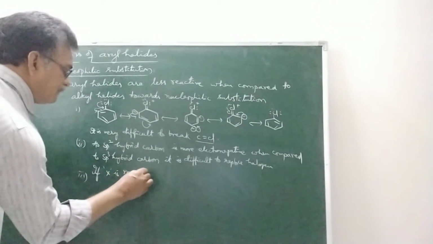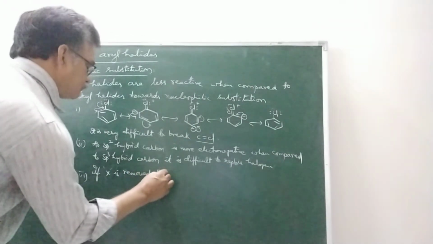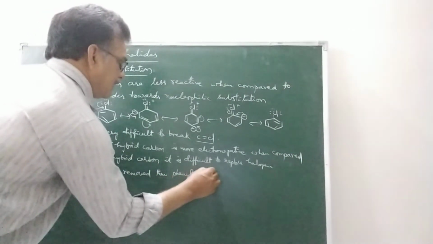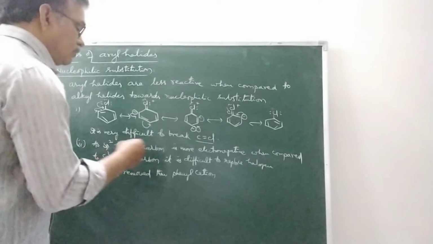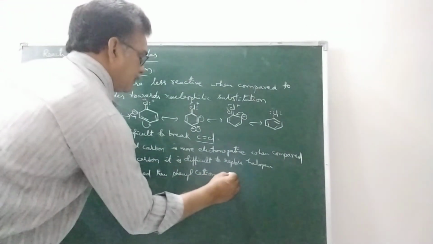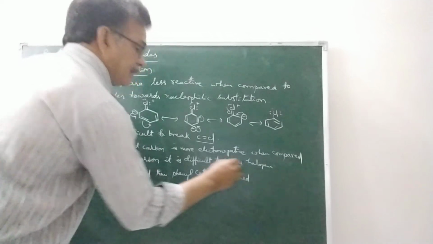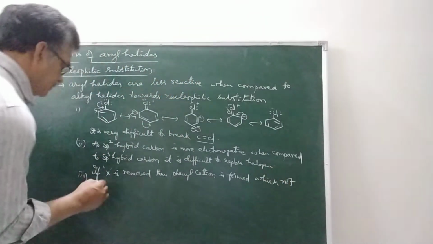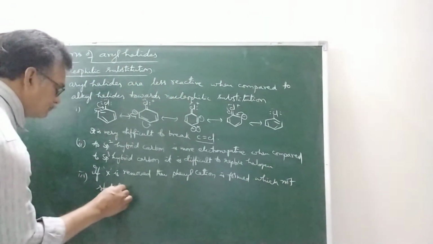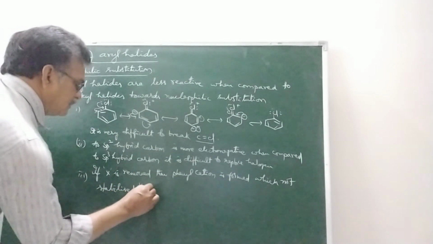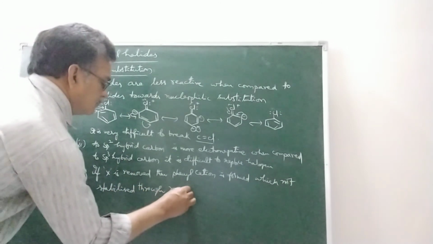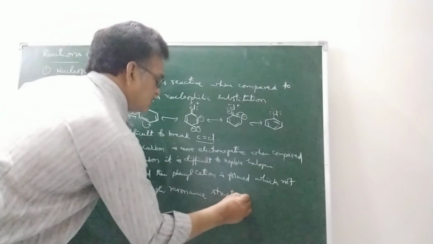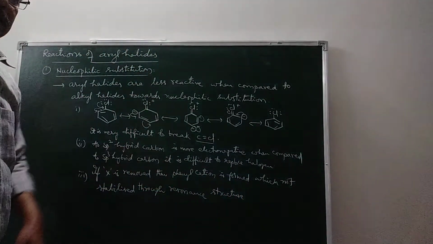If X minus goes, then phenyl cation is formed, which is not stabilized through resonance structures. So resonance structures cannot stabilize the phenyl cation.